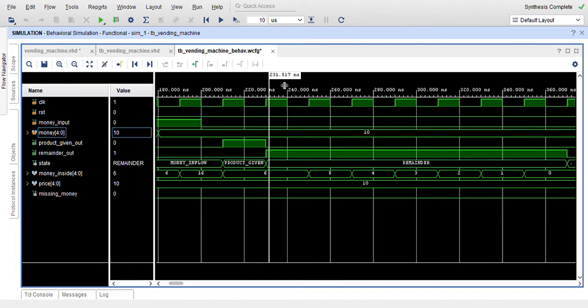We have 6 Turkish liras, but it will decrease by 1 Turkish lira at every rising edge. 5 Turkish liras, 4, 3, 2, 1, and 0.